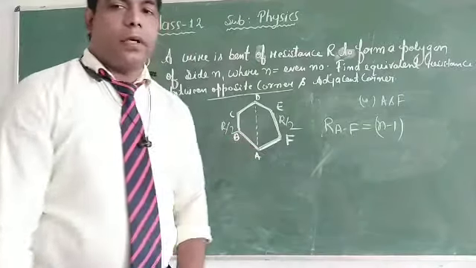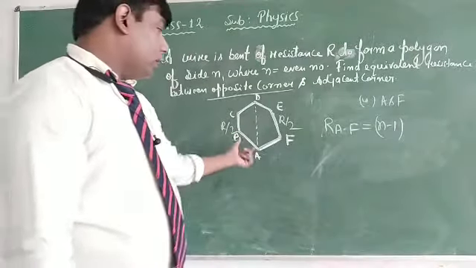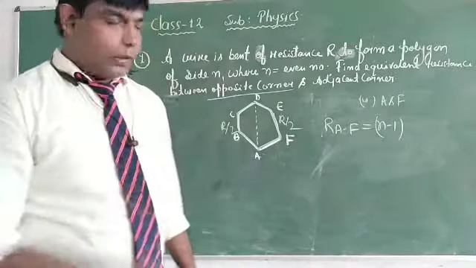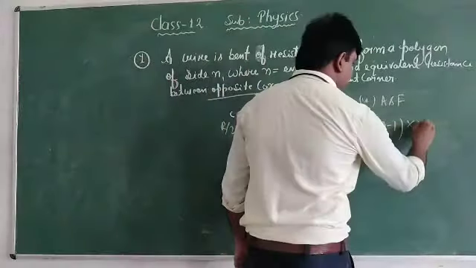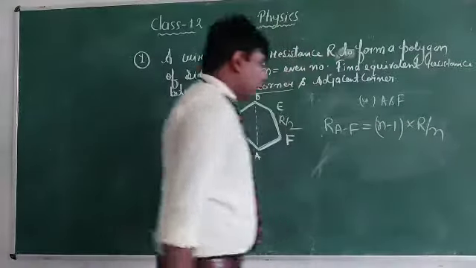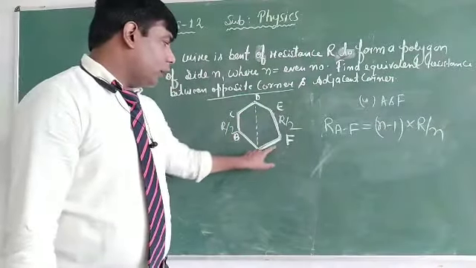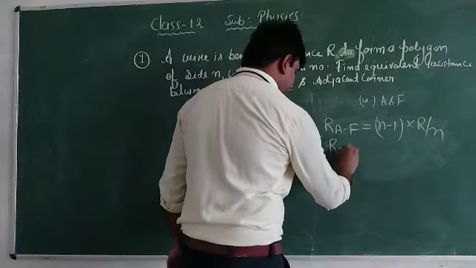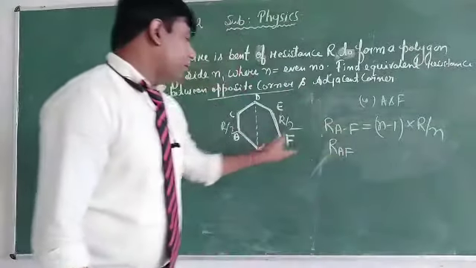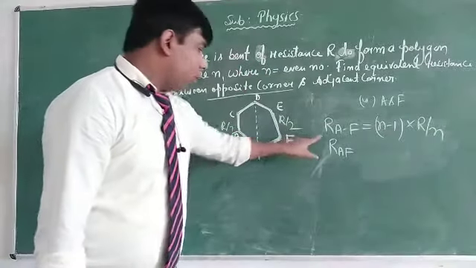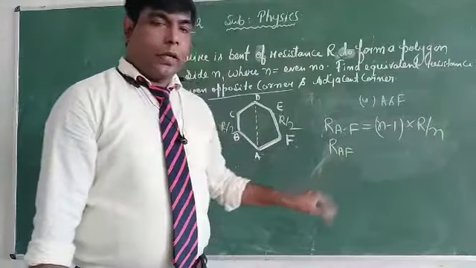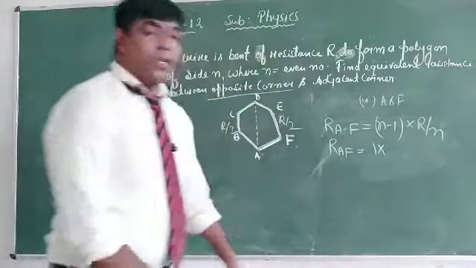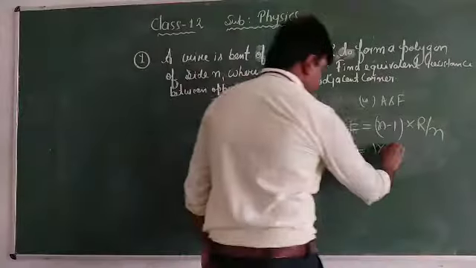And each side has how much resistance? Total resistance is R, number of sides is n. So each side will have R by n. Again next, resistance between A and F, only one side. See here, I have A to F, means A, B, C, D, E, F, and this is directly A to F, right? So here the number of sides is 1, and each side has how much resistance?